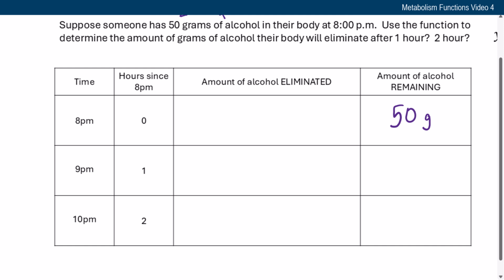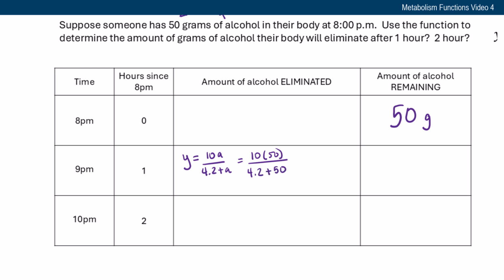So after 1 hour of consumption, we're going to use that formula that I just showed on the previous page. So y equals 10A divided by 4.2 plus A. So that gives us 10 times 50 divided by 4.2 plus 50.